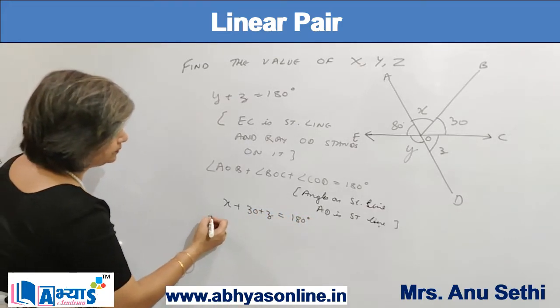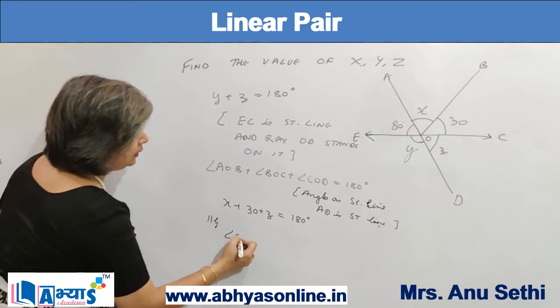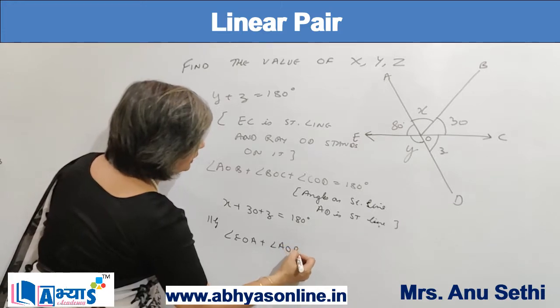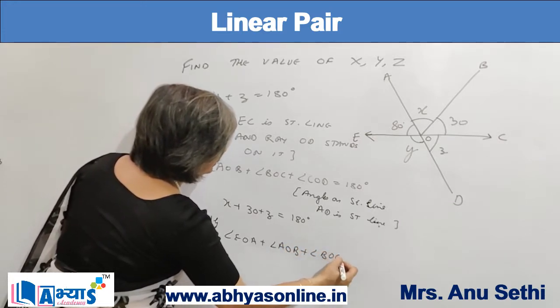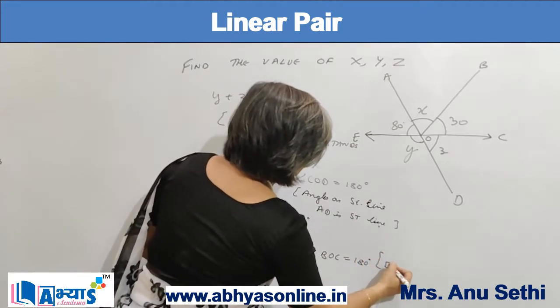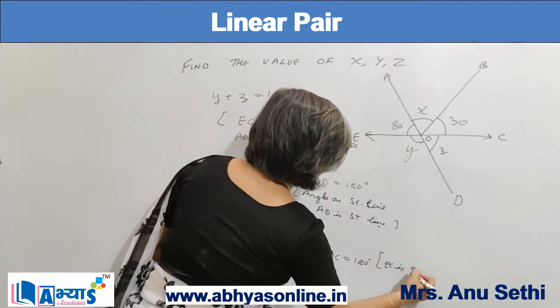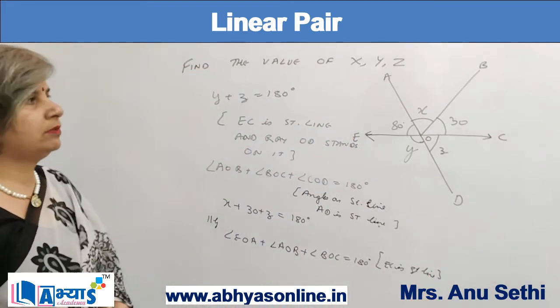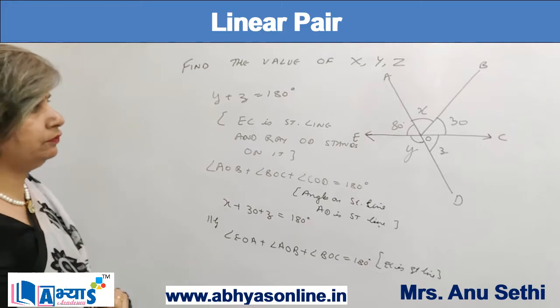Similarly, angle EOA plus angle AOB plus angle BOC is also equal to 180 degrees, because EC is a straight line. The sum of angles on a straight line is equal to 180 degrees.